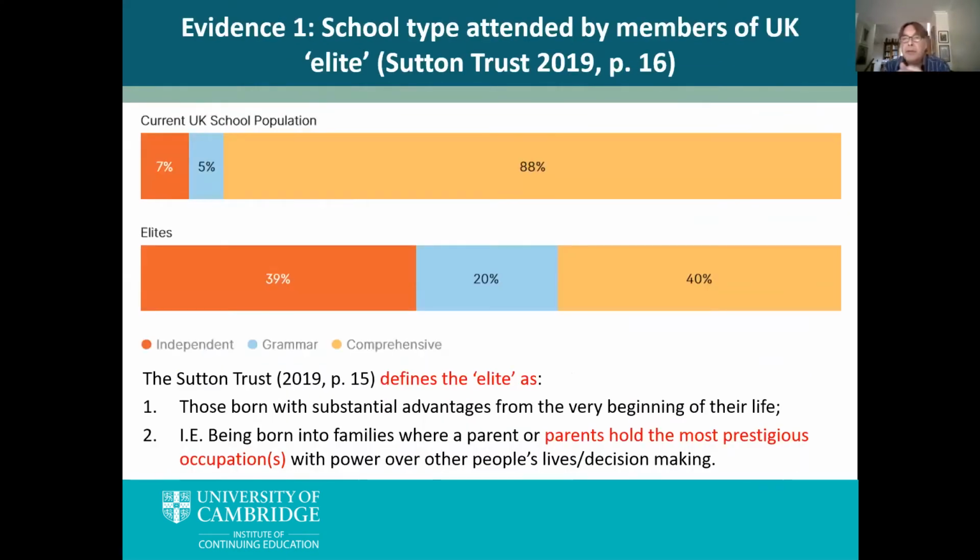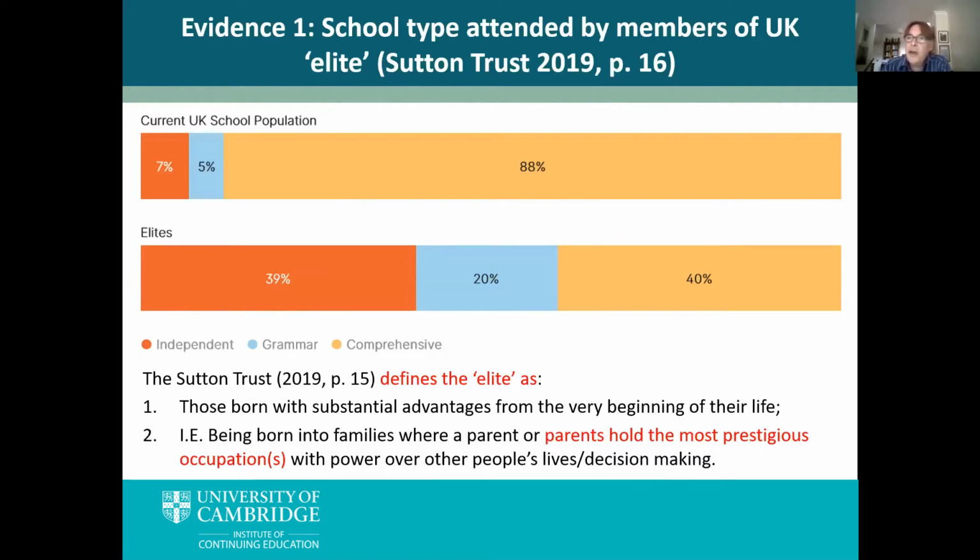The first piece of empirical evidence I wanted to talk about is taken from the 2019 Sutton Trust report on the elite in Britain. And the Sutton Trust basically define the elite as people who come from families where one or both parents hold highly prestigious occupations.